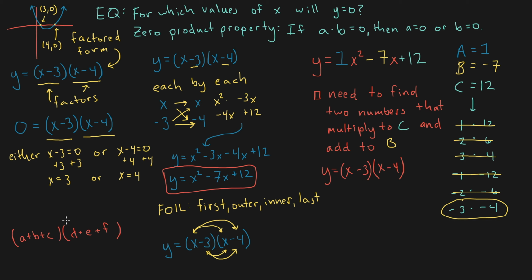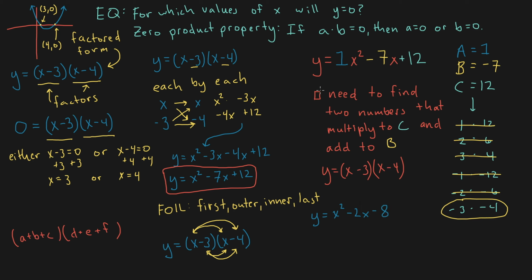Let's do another one of these before we finish. We can just see it with a different equation. So let's say we have y is equal to x squared subtract 2x and then subtract 8.